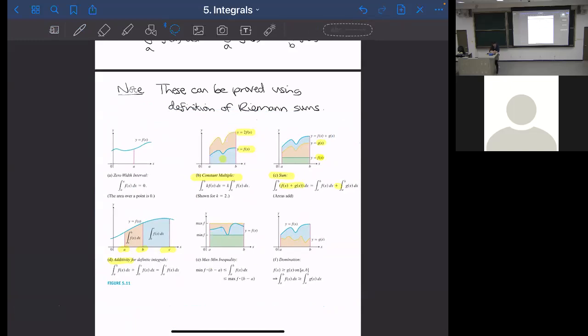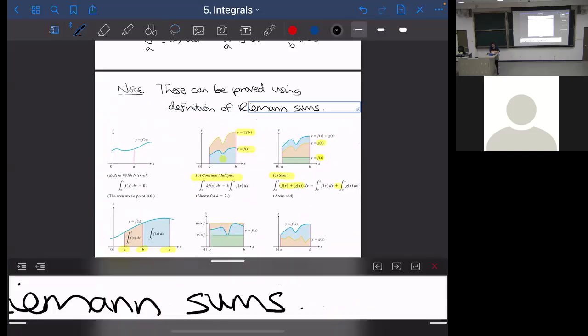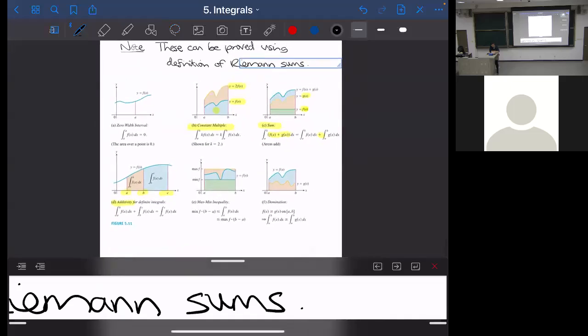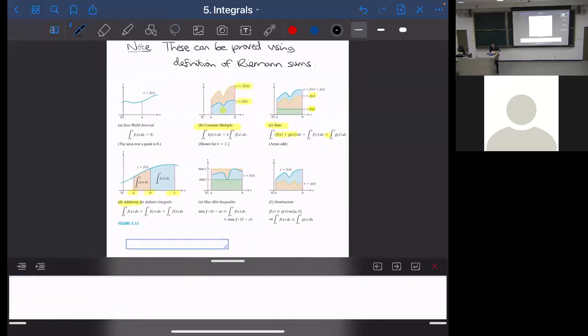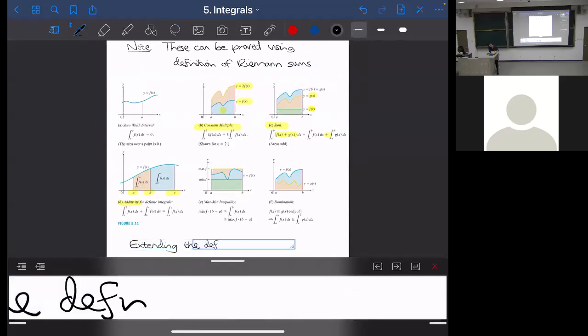So we're working through this picture, different properties of the integral. So extending the definition of the integral.